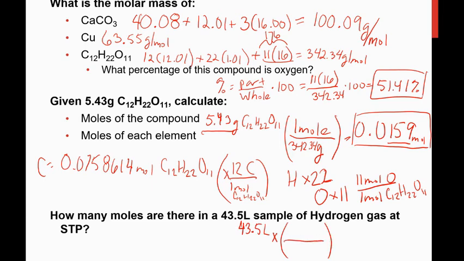I know for every 1 mole at STP, it takes up 22.4 liters of gas, and that was my conversion factor in our last slide. So 43.5 divided by 22.4 is going to end up giving me 1.94 moles of hydrogen gas, which is H2. And that's going to be your answer.